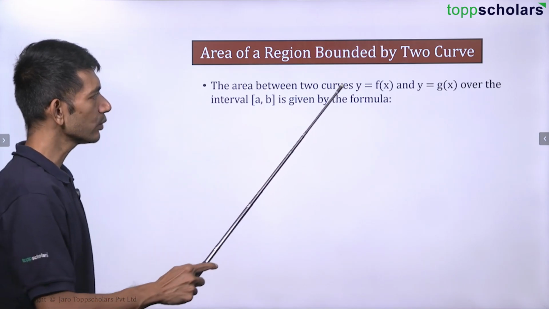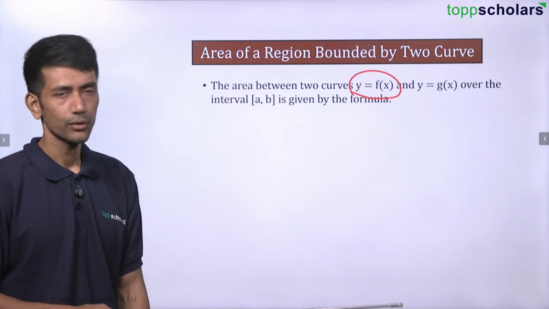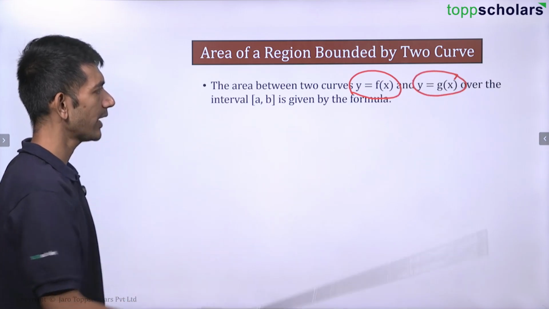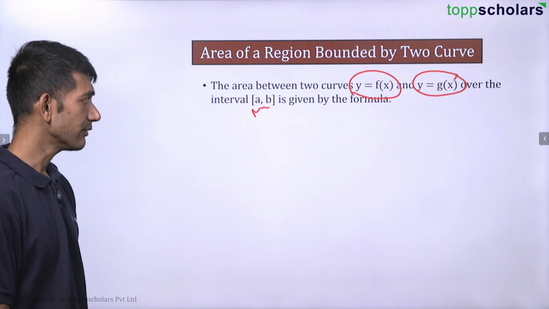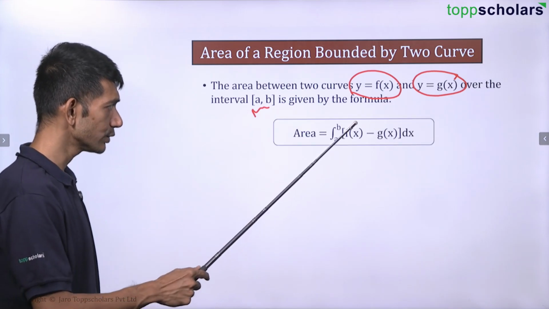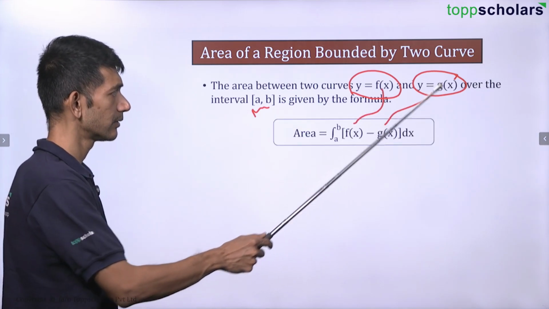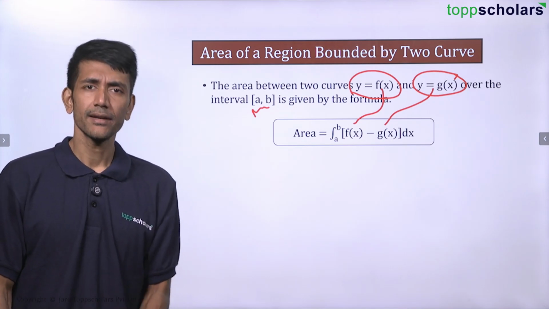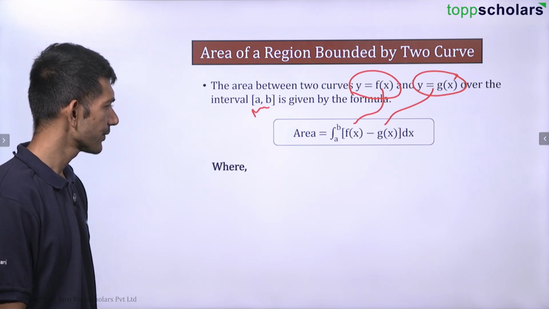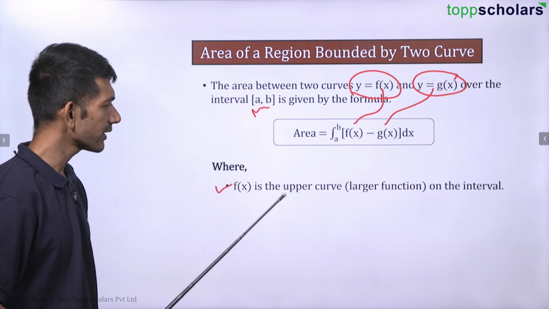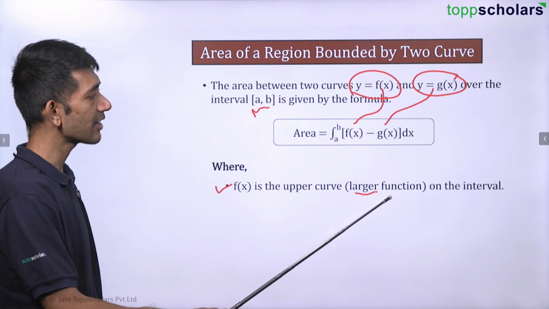The area between two curves, say the first curve is y is equal to f(x), and the second curve is y is equal to g(x), over a closed interval a to b, is given by the following formula. You just have to subtract the two curves, integrate them, put the values of the limits and get the final answer. So f(x) is the upper curve or the larger function.